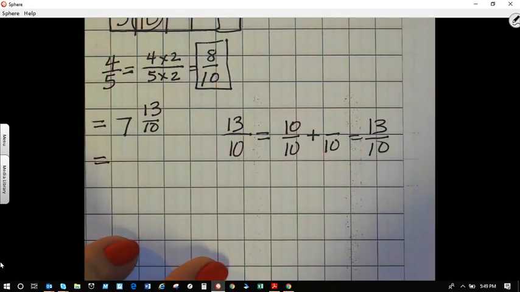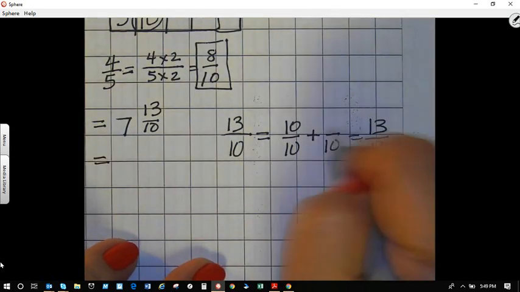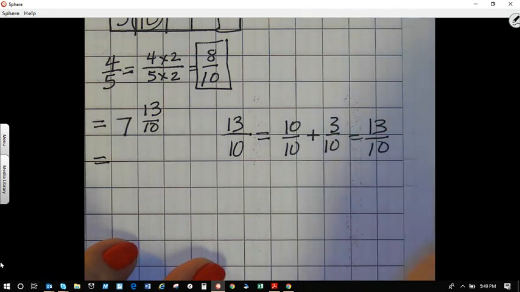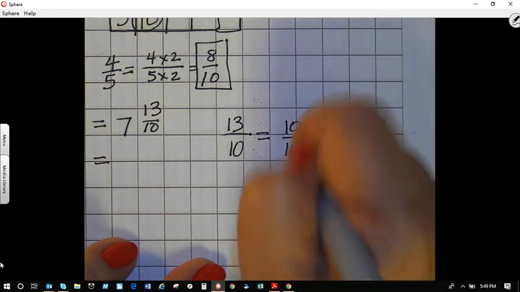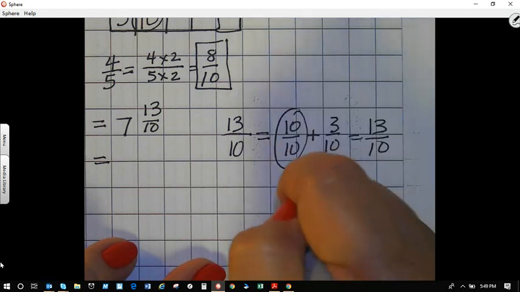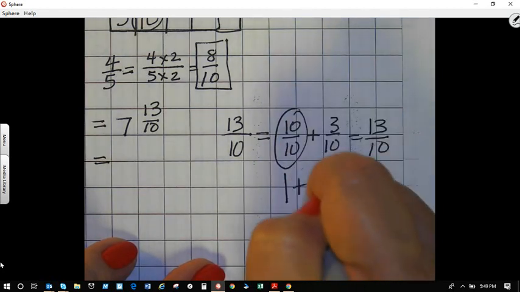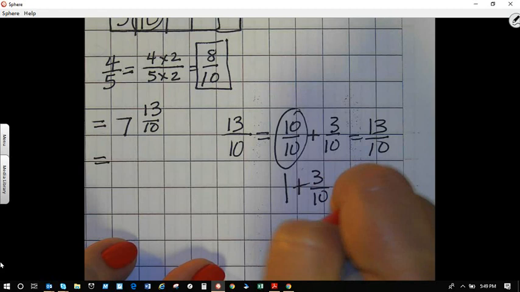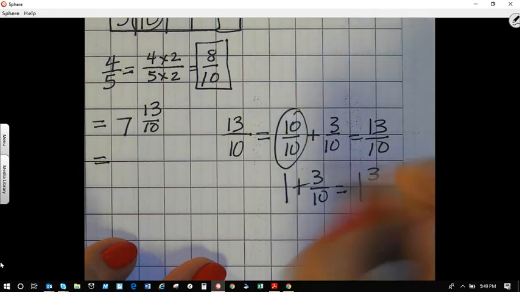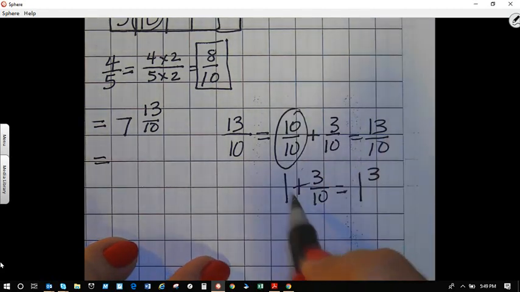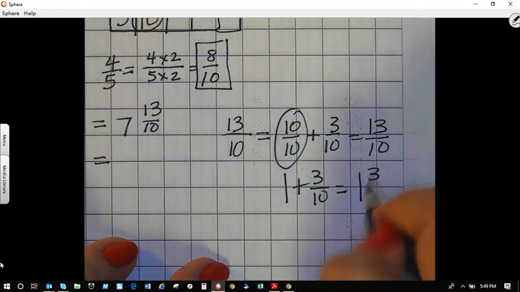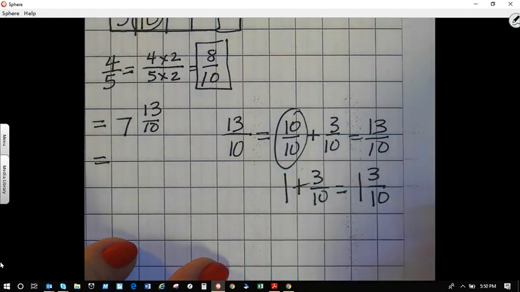There we go. So 10 plus 3 equals 13/10. So I'm going to have 1 whole plus 3/10 equals 1 3/10.